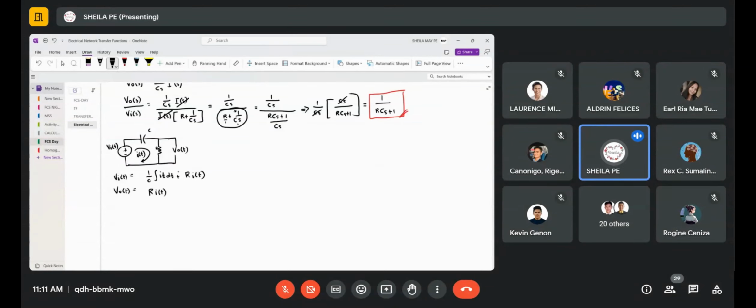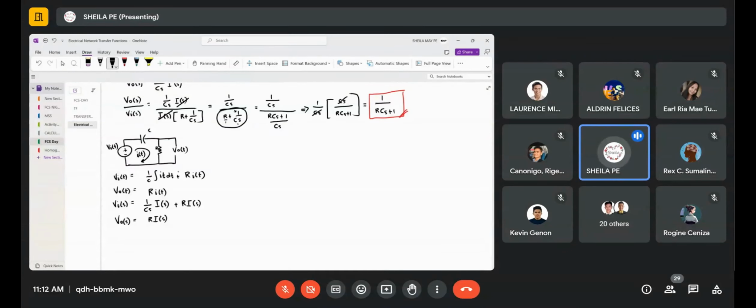And getting the Laplace transform of these two voltages, VI of S is just 1 over CS times I(S) plus R I(S). For our output, it's just R I(S).